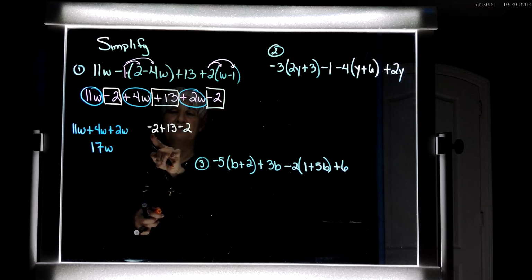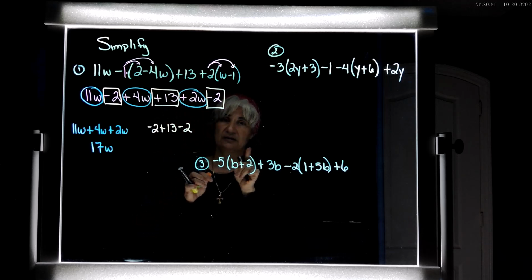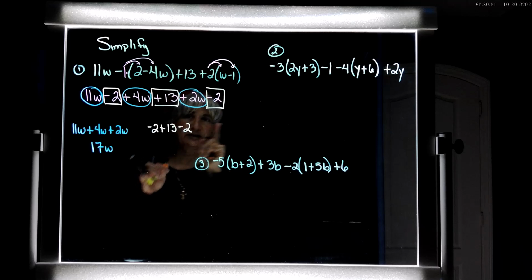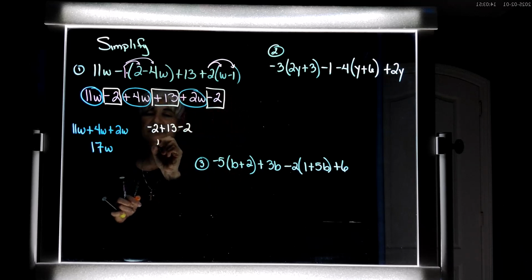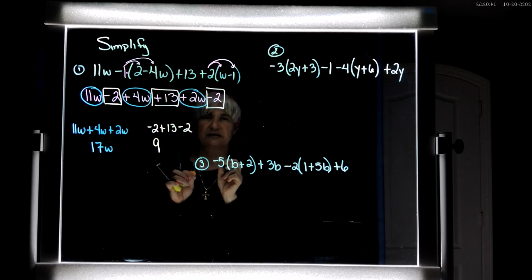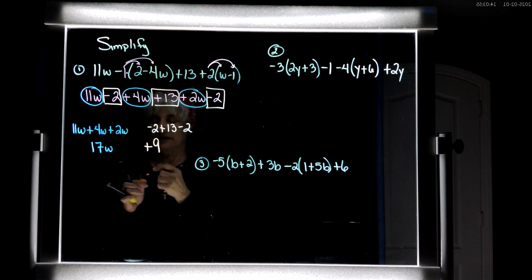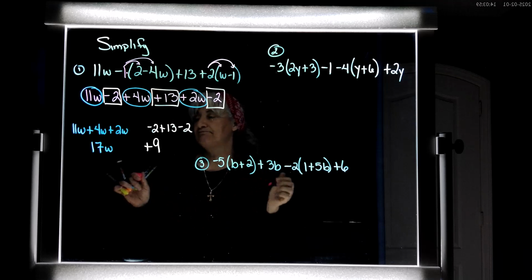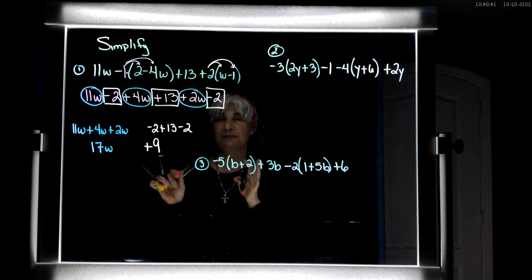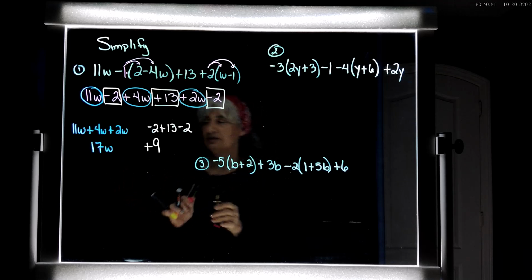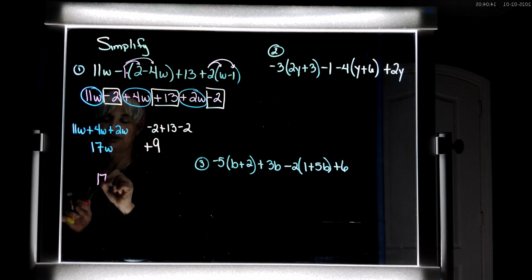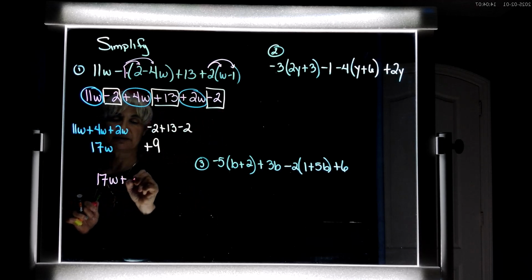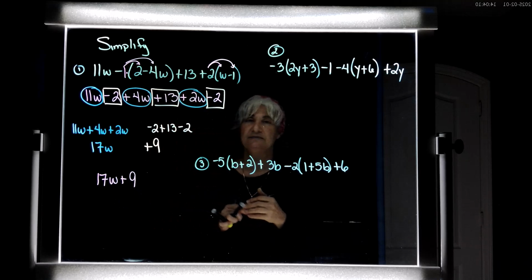We have -2 plus 13, 11, and 11 minus 2, 9. So is this a positive or a negative? Yeah, that's a positive. So when I put my 2 simplifying problem answers together, I end up with the final result of 17W plus 9.